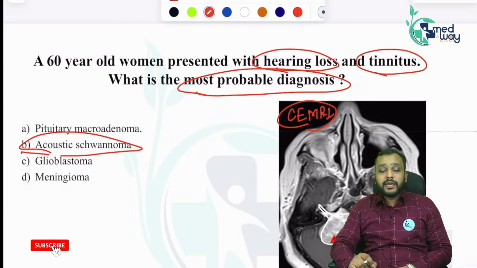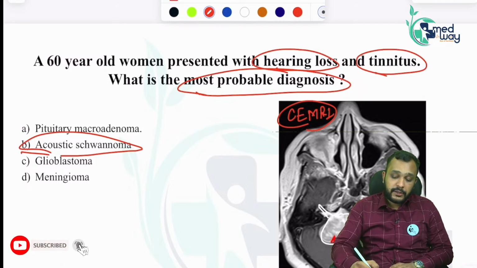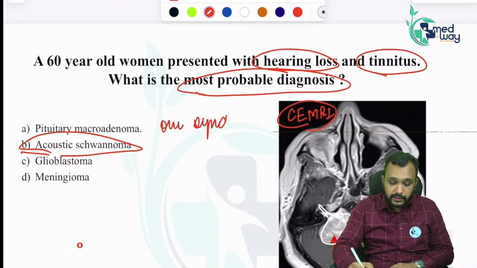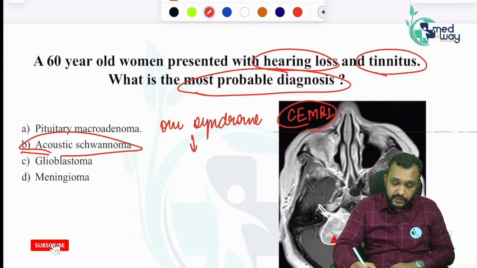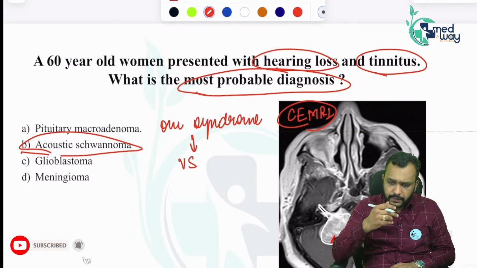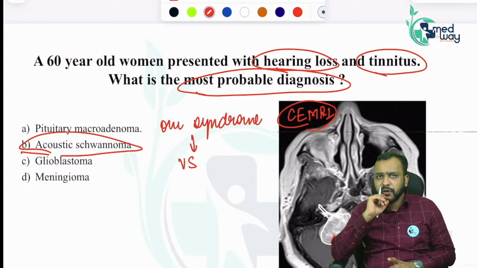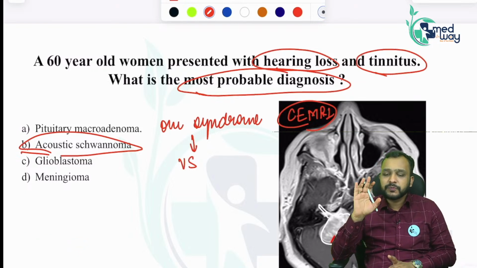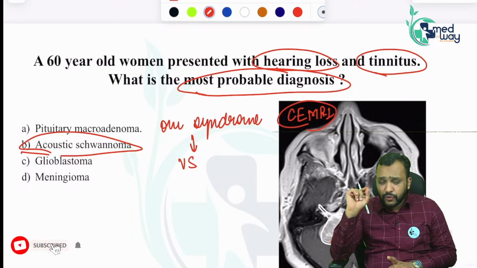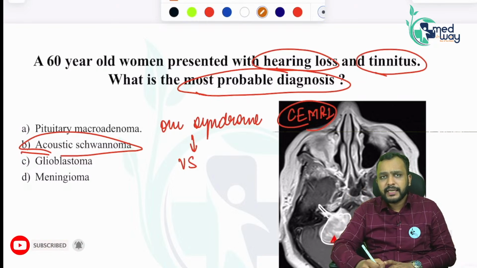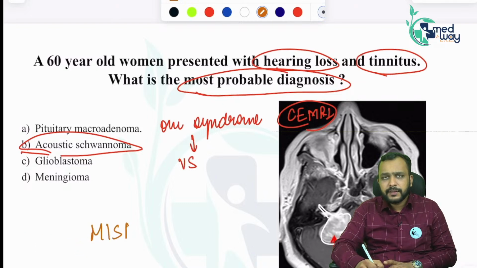So now guys, you have to tell me, one syndrome which is associated with vestibular schwannoma. Can anyone tell me which is that one syndrome? So that is your neurofibromatosis 2. Neurofibromatosis 2 can be remembered with a simple mnemonic, that is MISME.